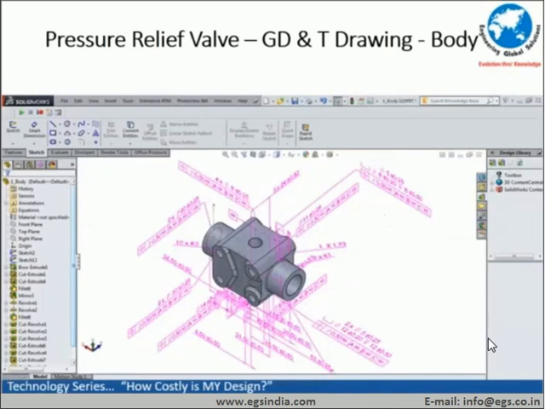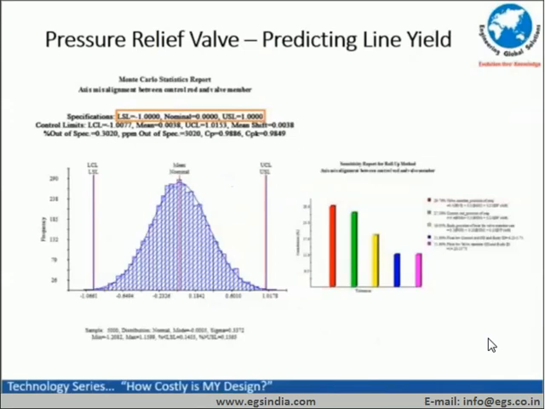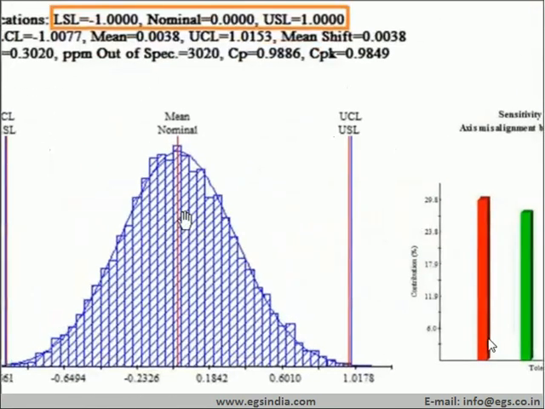Then we put together the tolerances on the drawing, and the tolerances on the drawing are based on the process capability, which is nothing but the cost of precision. Cost of inspection comes there as well. And then we start looking at the tolerance stack-up calculations to look at what is going to be the yield of this particular system.